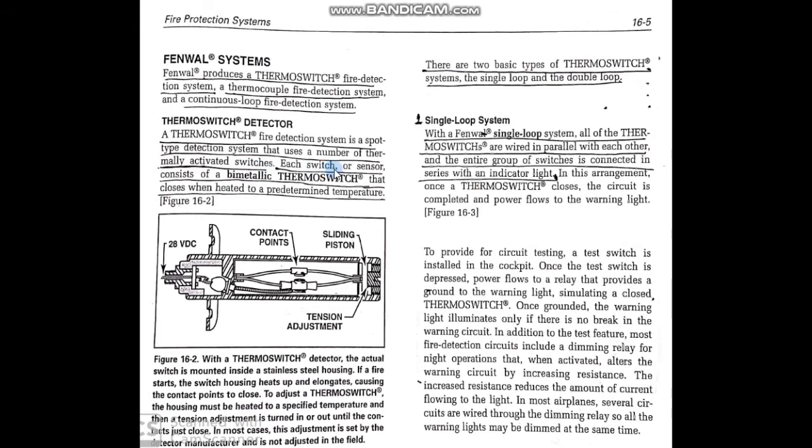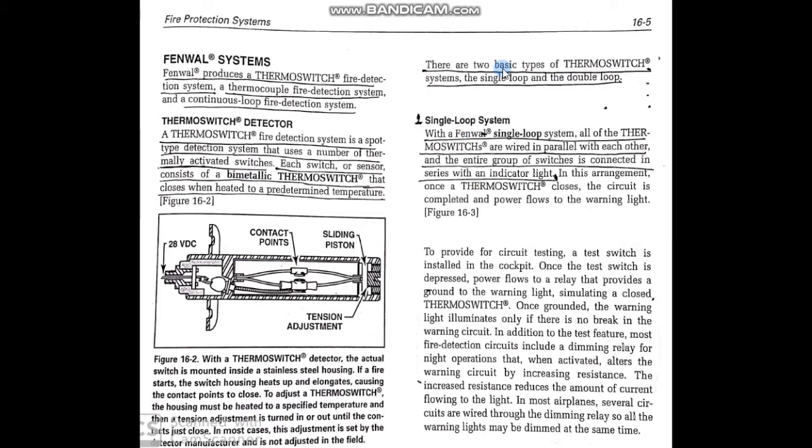Each switch or sensor consists of a bimetallic thermoswitch that closes when heated to a predetermined temperature. Here is the thermoswitch. Here we have the contact point, and here we have the tube.